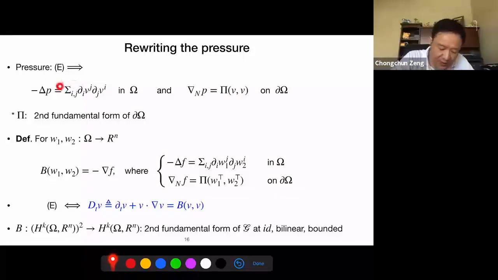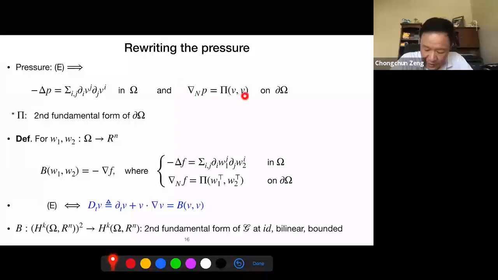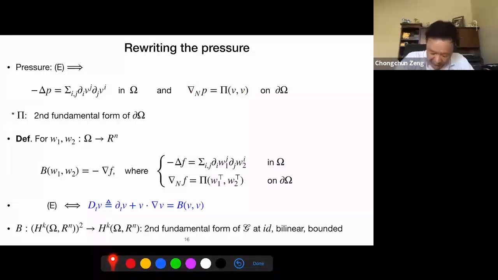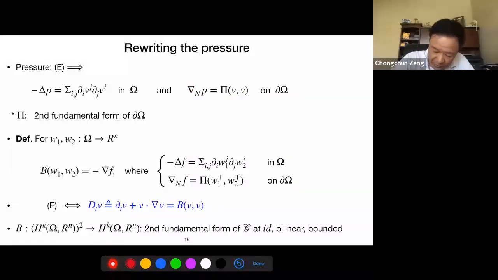But this is not enough. The Poisson equation is not enough. We also need the boundary condition. So you take the Euler equation and restrict it to the boundary and take the dot product with the normal component. Okay, and using the non-slip boundary condition, we can derive, so from the Euler equation, V_t plus V dot grad V plus grad P is equal to 0.